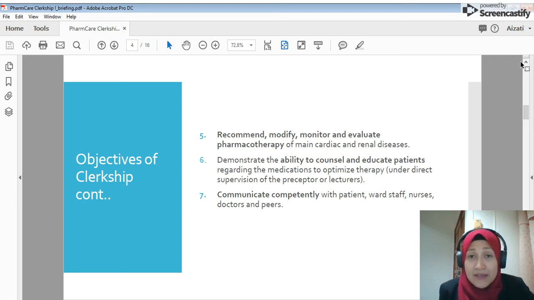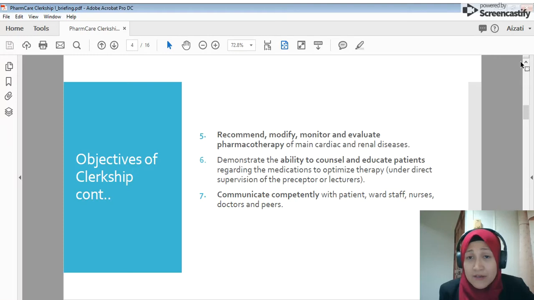So bear in mind that you are not allowed to straight away give the recommendation based on your DRP to the patient. You will need to discuss with the preceptor or ward pharmacist there first. And before you interview the patient, make sure that you introduce yourself first.